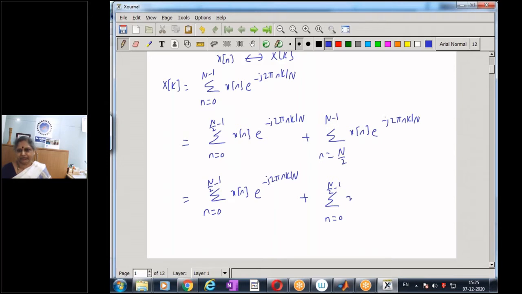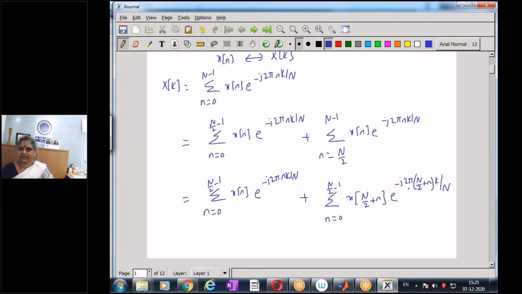So now my n becomes n by 2 plus n, and the exponent becomes e to the power of minus j 2 pi, n by 2 plus n, k by n. Because I want both the summations to go from 0 to n by 2 minus 1, I make these changes.